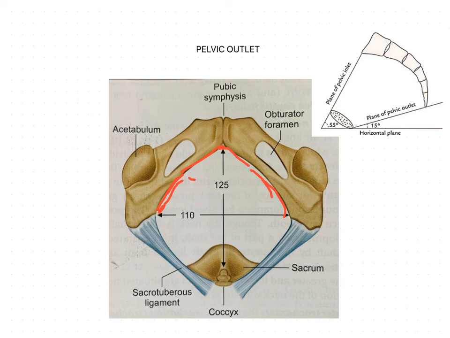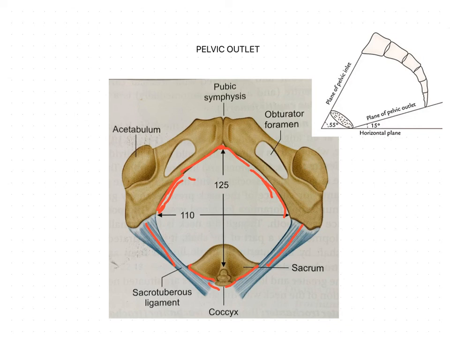Posteriorly by the lateral margins of the sacrum and the coccyx. On the lateral sides there are no bony components, but it is surrounded by the sacrotuberous ligaments. So these are the boundaries of the pelvic outlet.